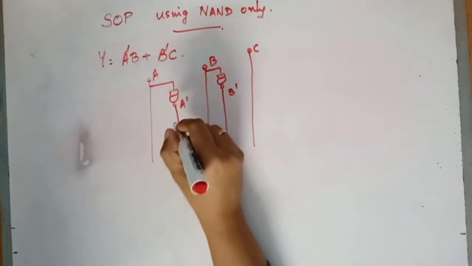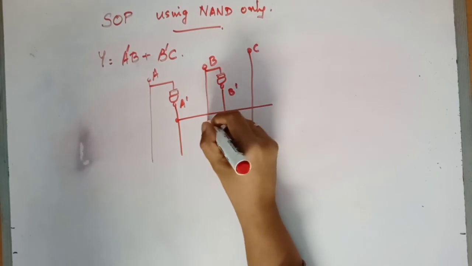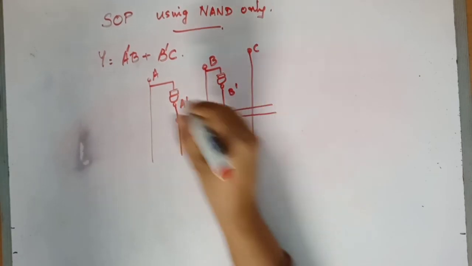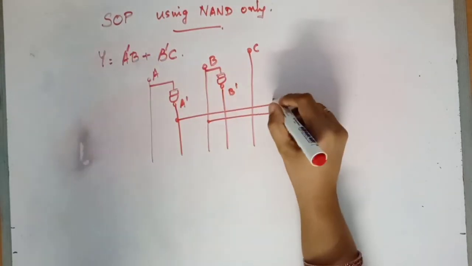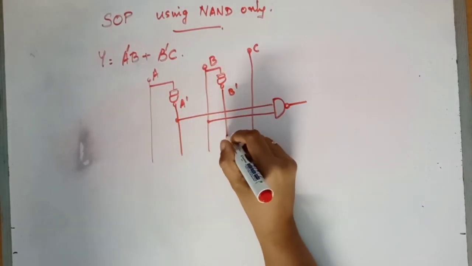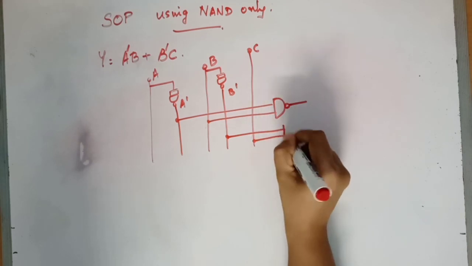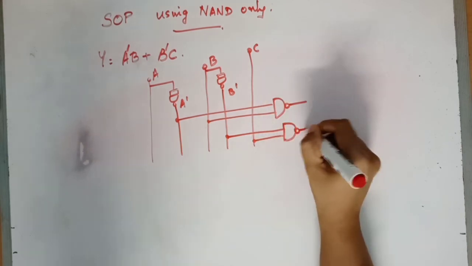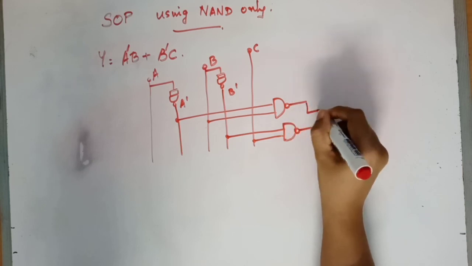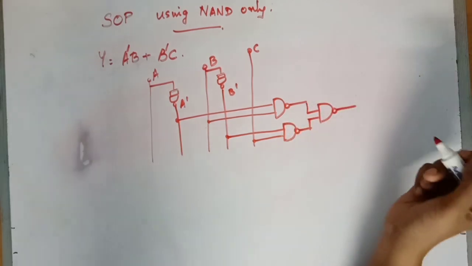Then you have C. You don't have a C bar. Okay. So A bar, B, you'll just simply take those products and give to a NAND. B bar, C to another NAND, and then give the final to another NAND.